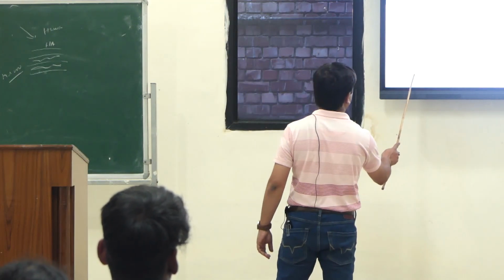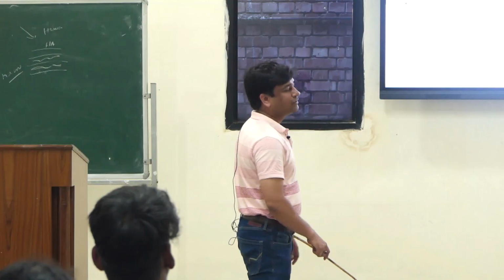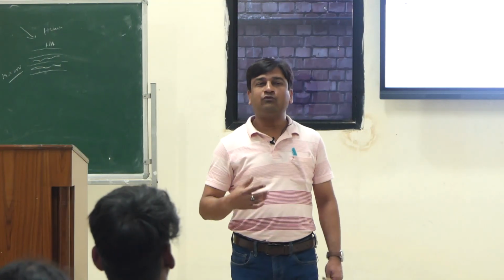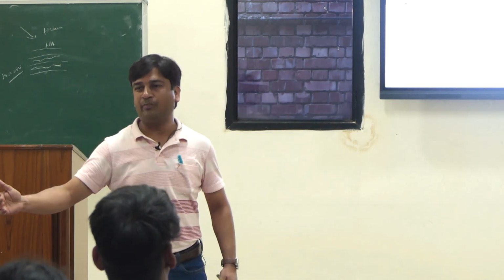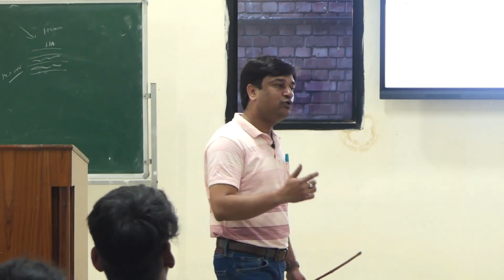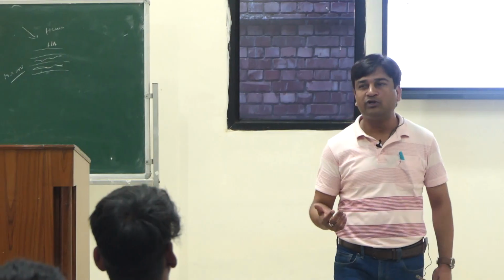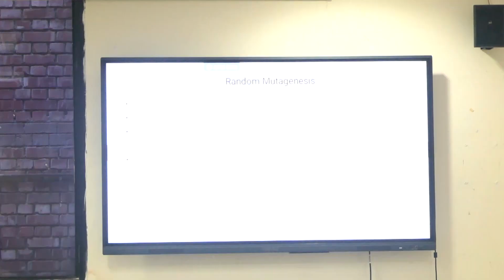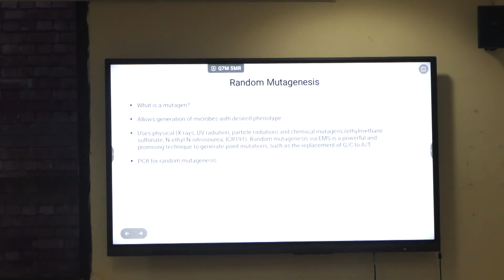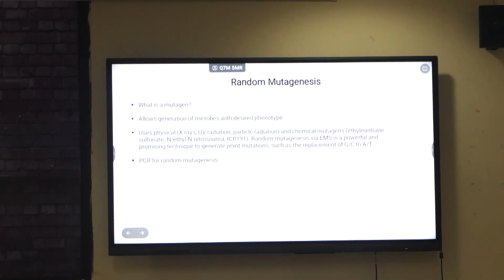But before going into genome editing tools, what I was referring to is random mutagenesis. So before you go into the precise genome editing part, you should understand that you can even use random mutagenesis to elucidate the function of any target gene. Suppose you want to elucidate the function of X gene in a microorganism.